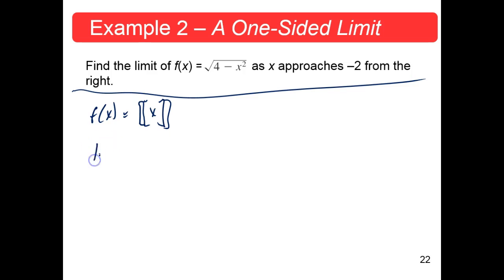Okay, so we want the limit of the greatest integer of x as x approaches 0 from the left. That would be from the minus side, and we want to find the limit as x approaches 0 from the positive side, from the right, of the same function. Okay?